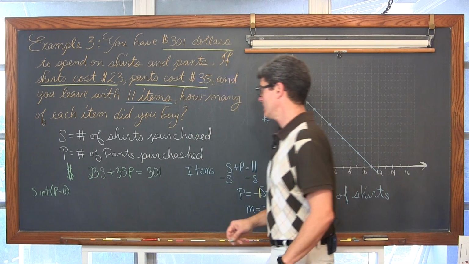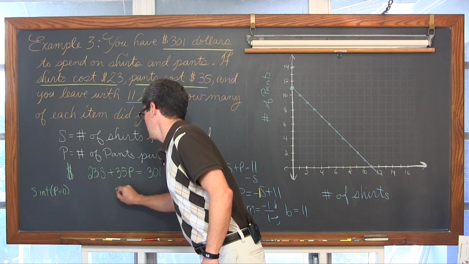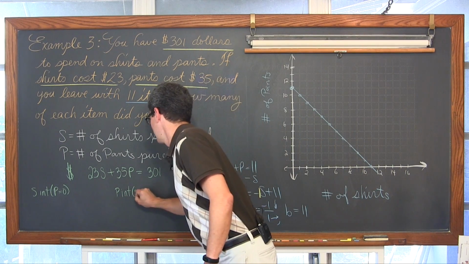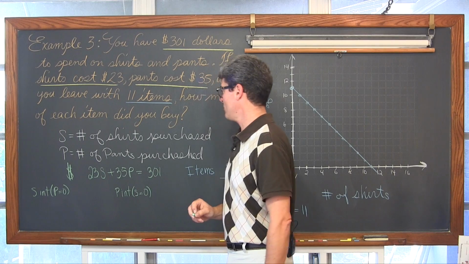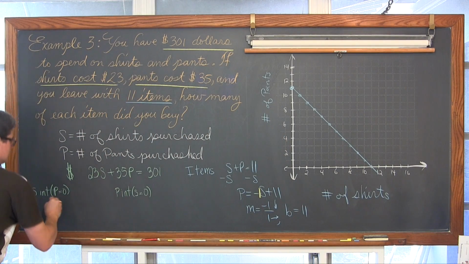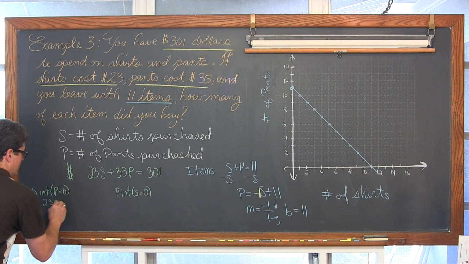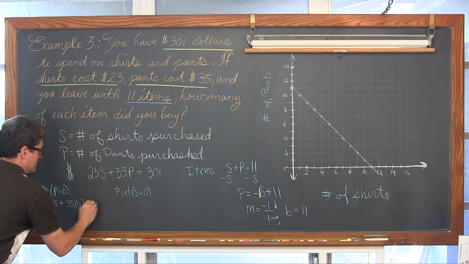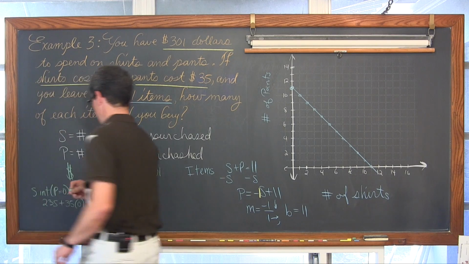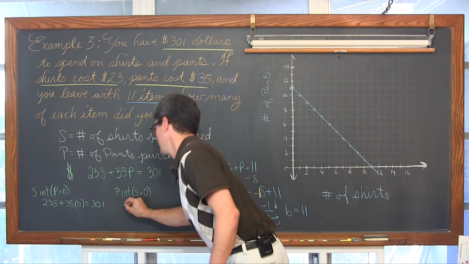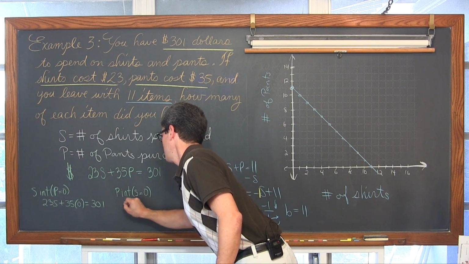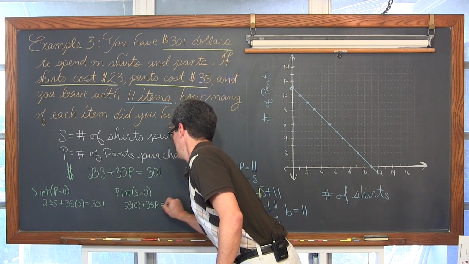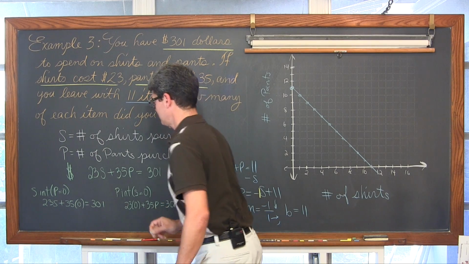And we're going to find a p intercept by letting s be 0. So that will be 23s plus 35 times 0 equals 301. And 23 times 0 plus 35p equals 301.